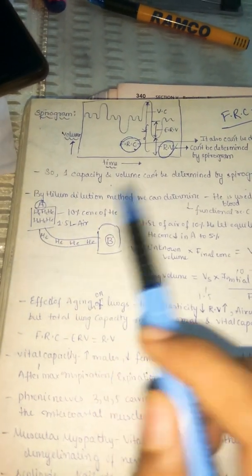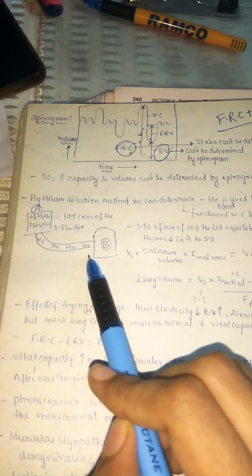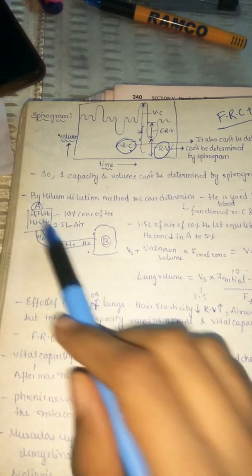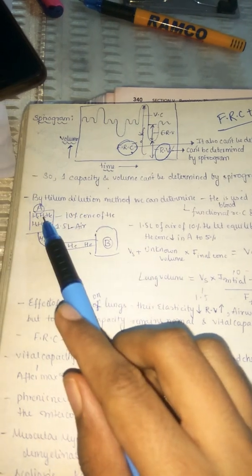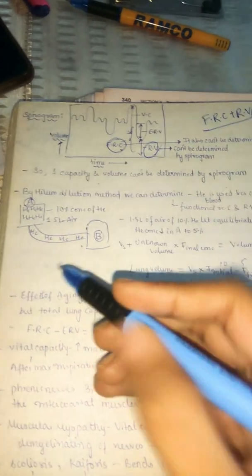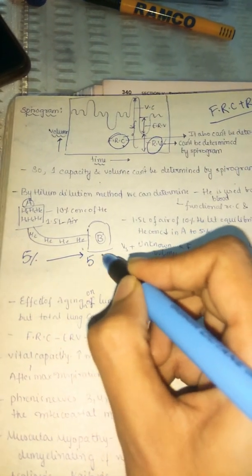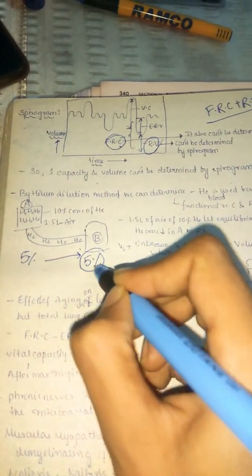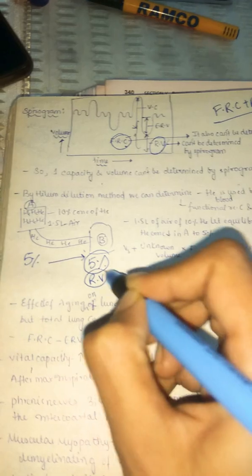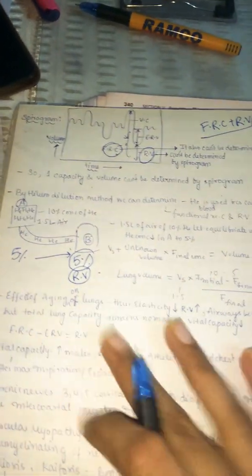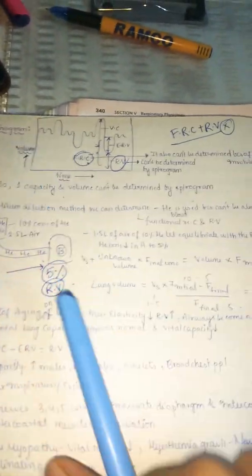After complete expiration we send the helium, so 10% is sent, but after equilibration only 5% remains. So we can conclude that the remaining 5% reflects our residual volume. Like this we can confirm the residual volume by means of the helium dilution method.